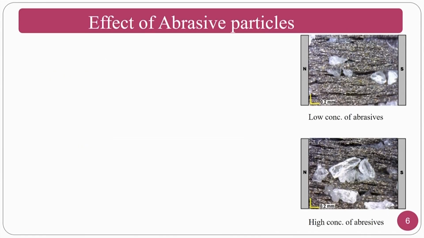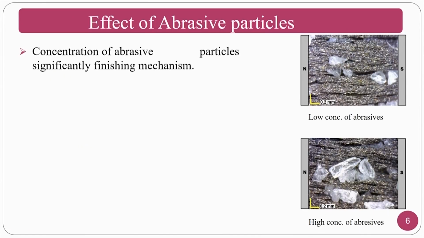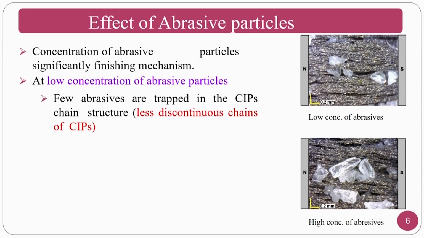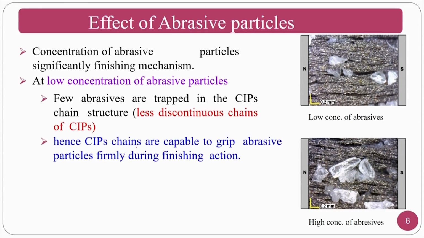You can see here the effect of abrasive particles and other things. Concentration of abrasive particles significantly acts on the finishing mechanism. You can see low concentration of abrasives. With low concentration of abrasives, few abrasives are trapped in the CIP chains, that is less discontinuous chains. At the same time, CIP chains are capable of gripping the abrasive particles firmly in the finishing region.